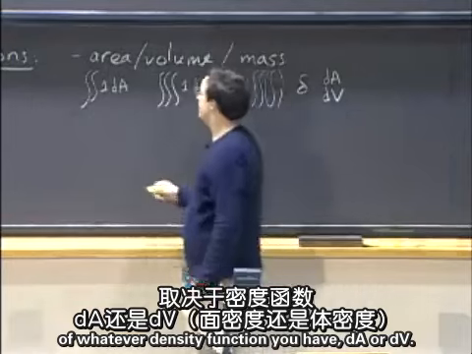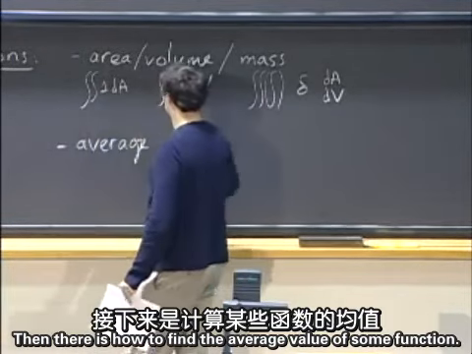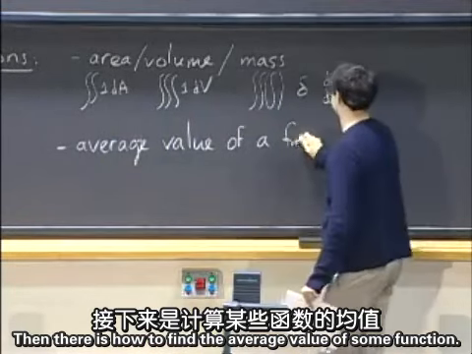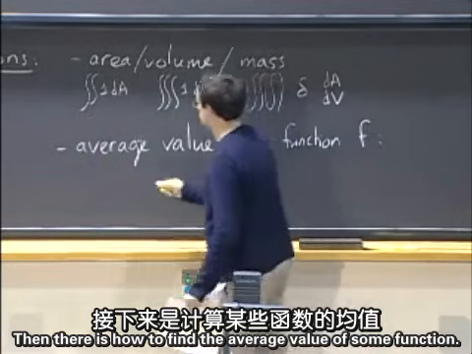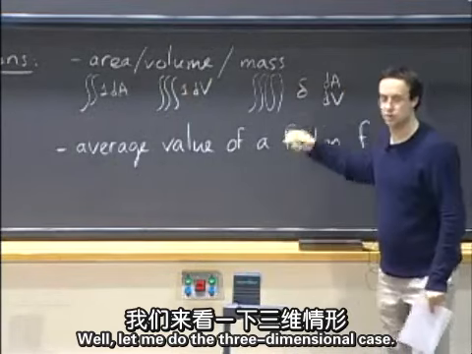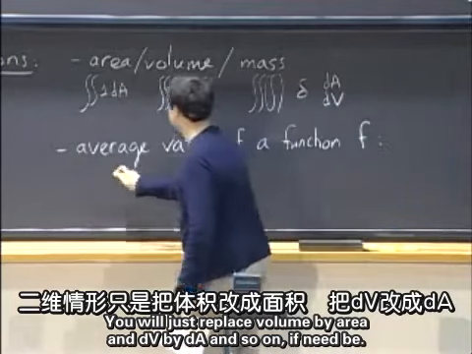Then there's how to find the average value of some function. The unweighted average, let me do the three-dimensional case. You'll just replace volume by area and dV by dA and so on, if need be.